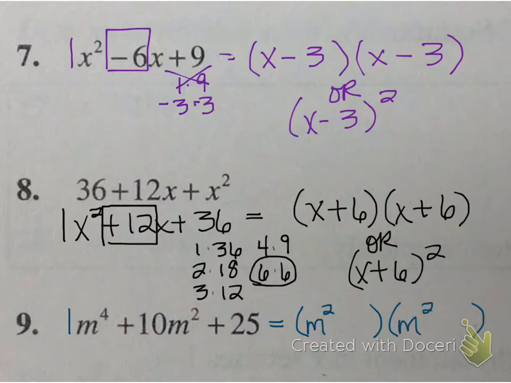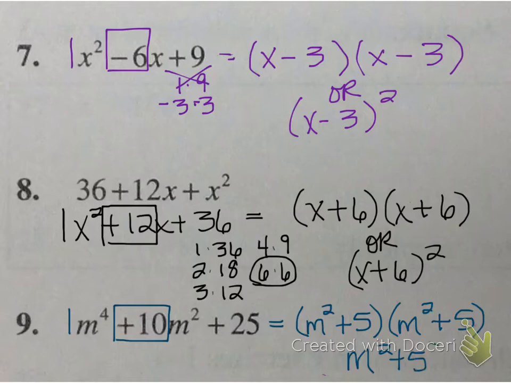And how do we get the 25? Well, positive 5 times positive 5. Or it could have been negative 5 times negative 5, but I went with the plus because I needed them to add to get 10. So my final answer on this one is m squared plus 5 squared. Final answer.